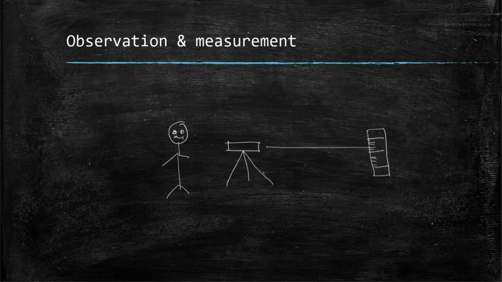You can also see this by another example. When you do leveling, before making the measurement, the observer first ensures that the level instrument is properly leveled, and he also checks that there is no parallax before reading, and it is also required to ensure that before taking the final reading the staff is perpendicular.